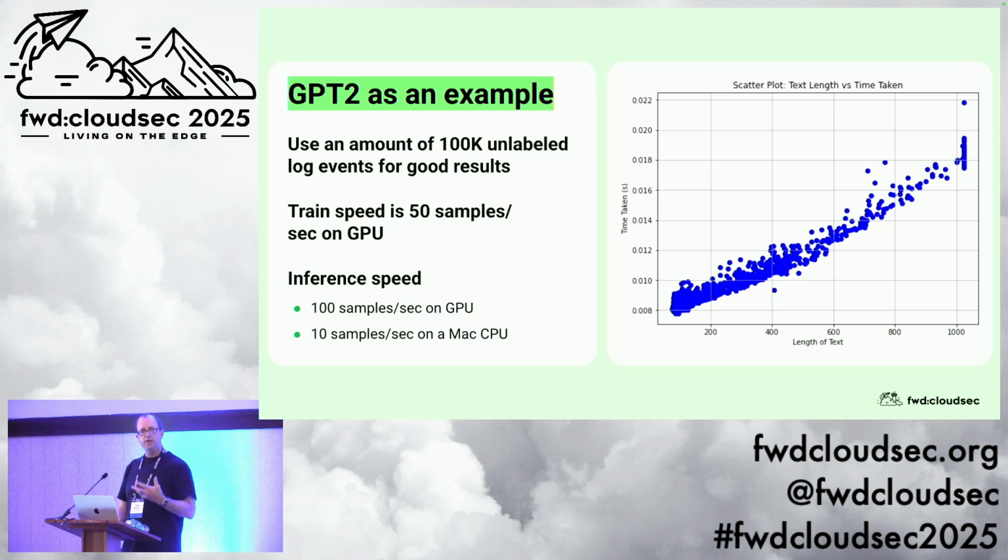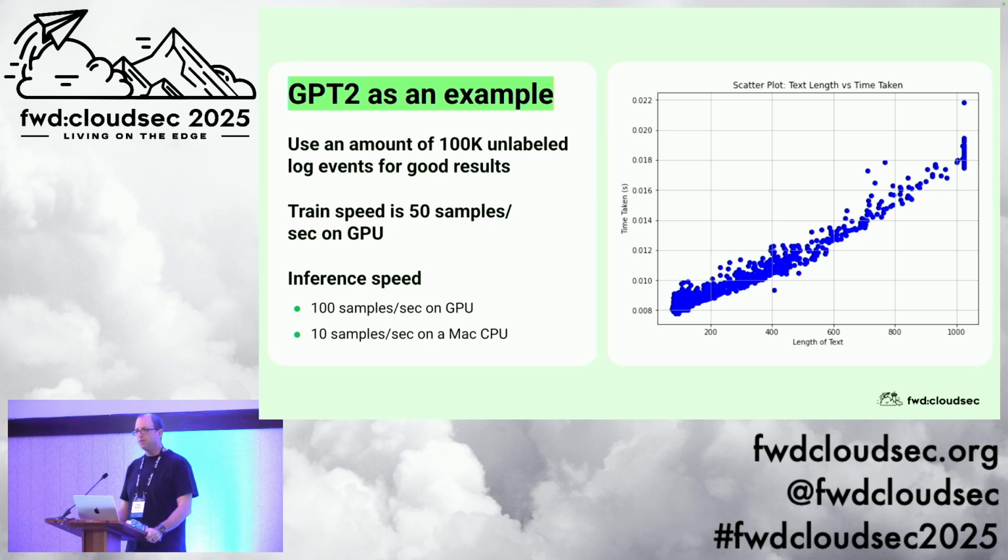To train it and get really good results, you would want about 100,000 samples from your log. Training wouldn't take too much time on a single GPU, about an hour, or you can use your Mac CPU or other platforms. It might take several hours, but it's still very usable.